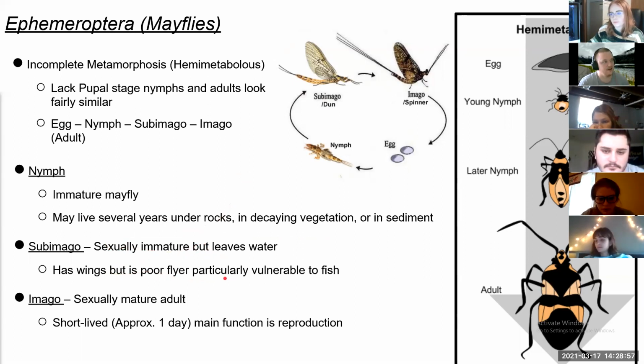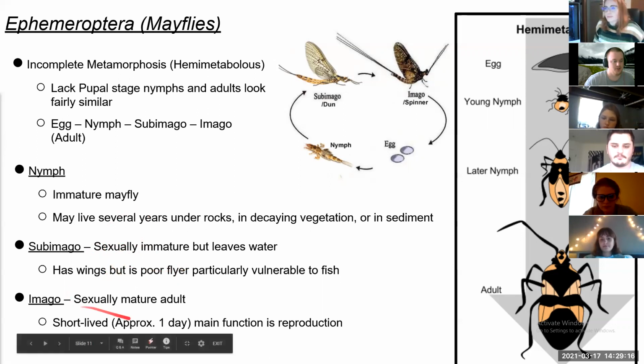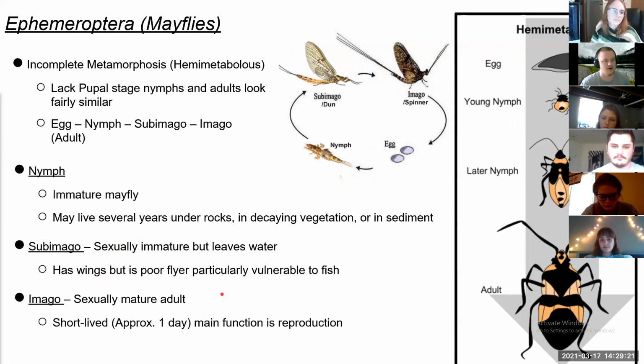And it's very vulnerable to predation by fish and perhaps other organisms like birds, but we're really focusing on fish. And this is a very short stage, so essentially it'll turn into a mature adult right after that, and the adults do not feed at all.